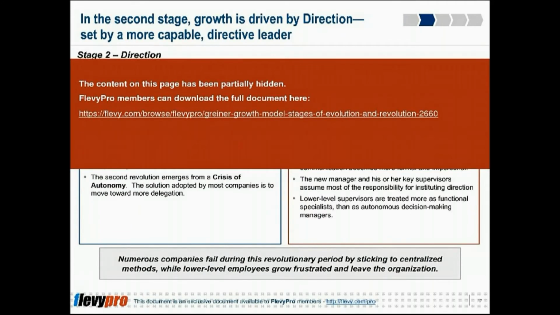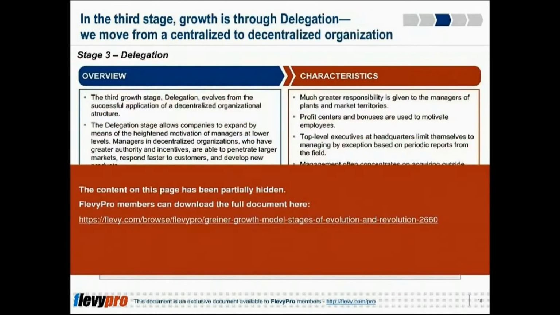3. Stages of evolution. Evolution is a prolonged period of growth where no major upheaval occurs in organization practices. Each evolutionary period is characterized by the dominant management style used to achieve growth. Most growing organizations do not expand for 2 years and then contract for 1.